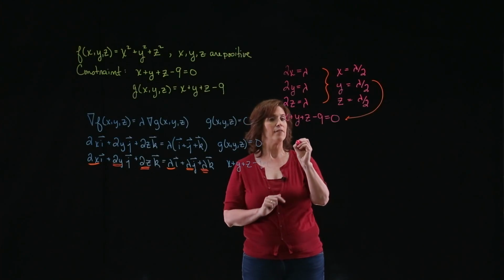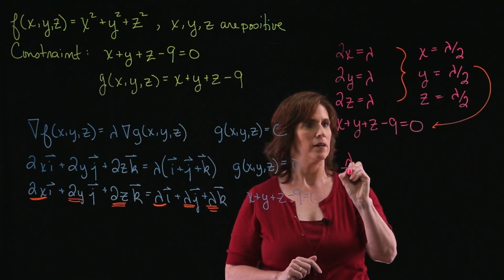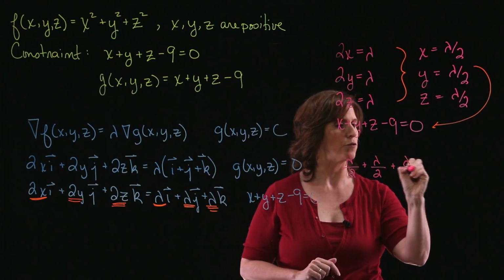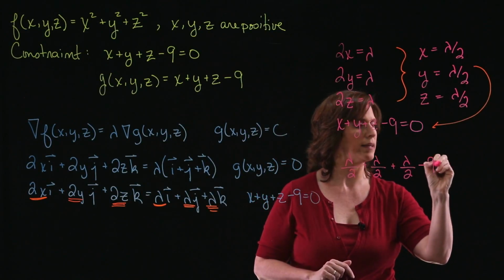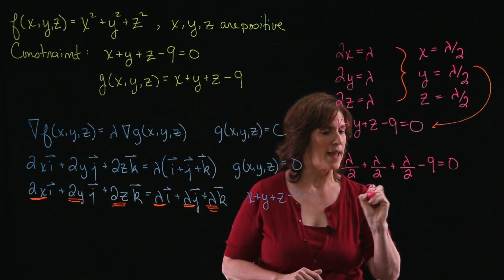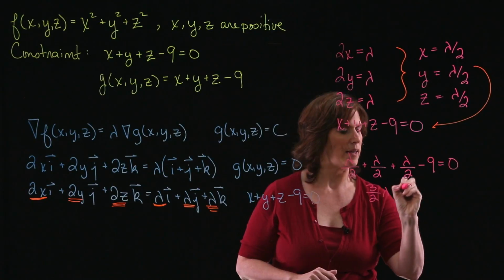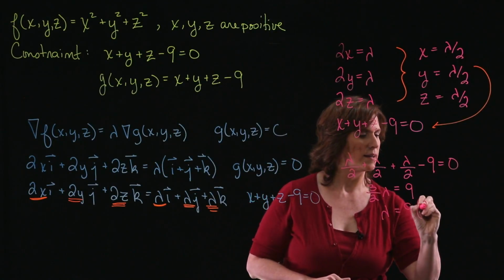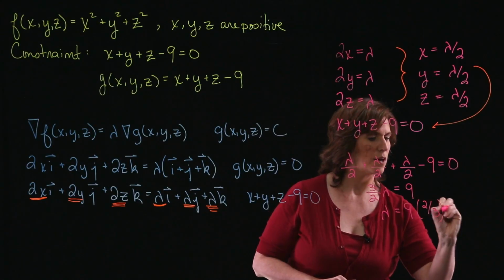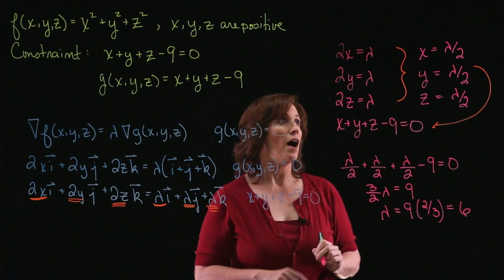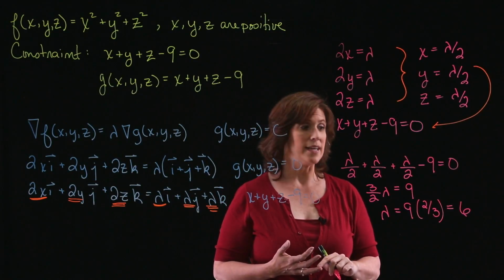So what I have is lambda over 2 plus lambda over 2 plus lambda over 2 minus 9 equals 0. That's going to give me 3/2 lambda equals 9, or lambda equals 9 times 2/3, which is going to be 6.